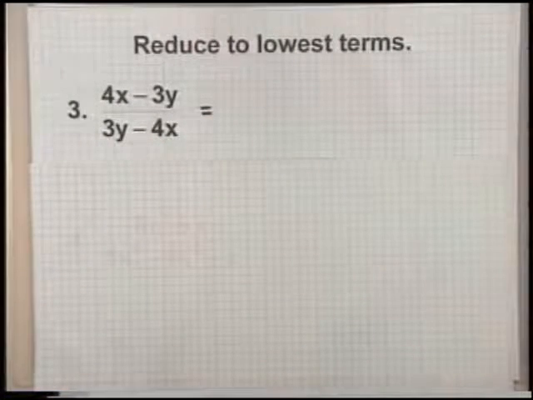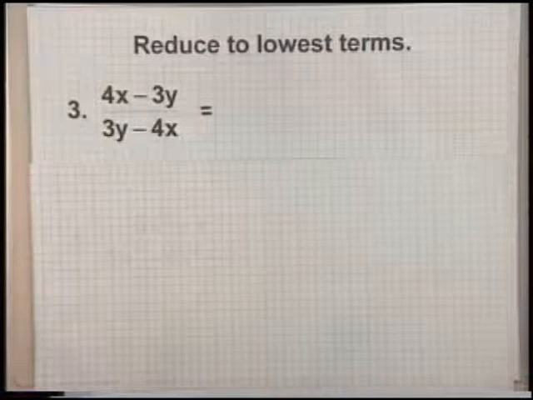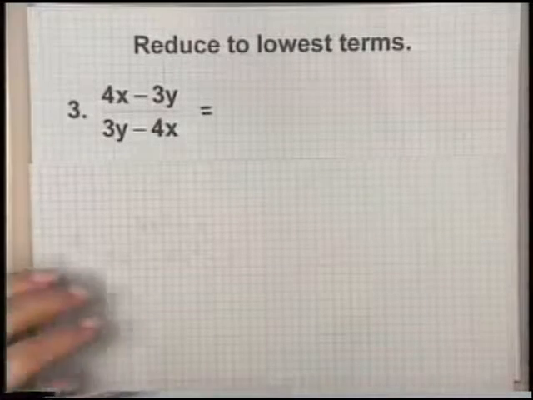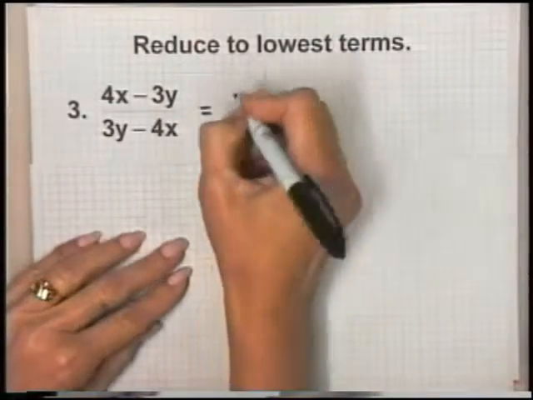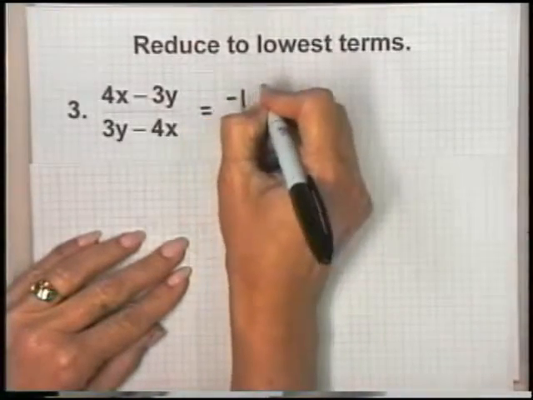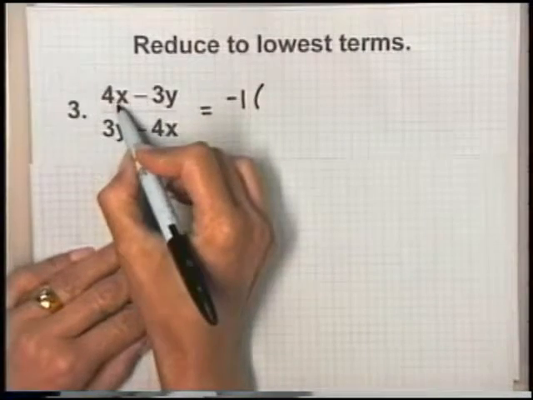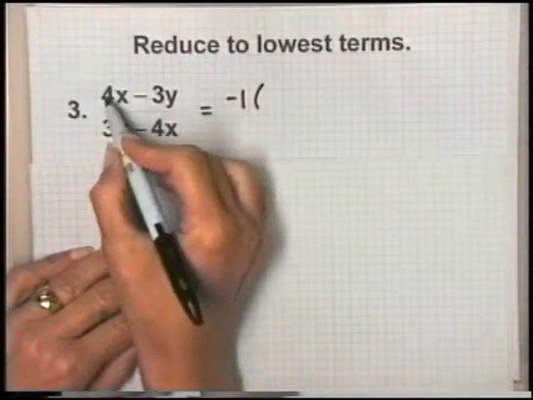Anytime we have factors in the numerator and the denominator that are opposites, what we do is to factor a negative 1 out of either the factor in the numerator or the denominator. Let's factor a negative 1 out of the terms in the numerator.